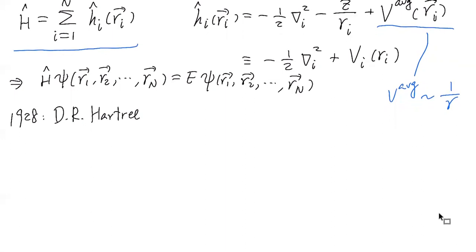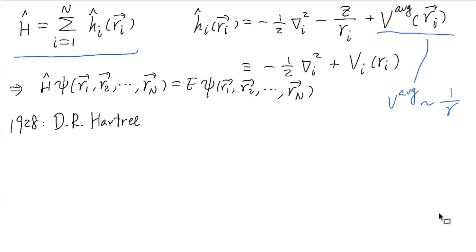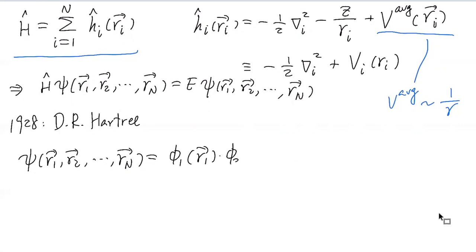Hartree said, okay, if you apply this central field approximation, then he can use the separation of variables by separating the many-body wave function as a simple product: phi 1, which only depends on R1, times phi 2, which only depends on R2, and so on, to phi n, which only depends on Rn.